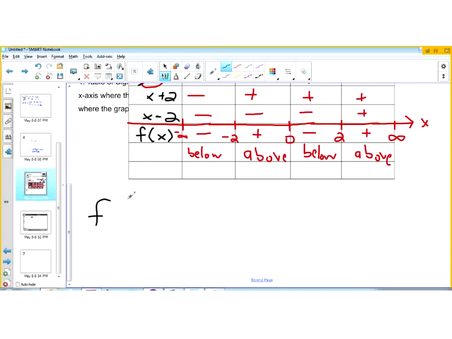So f of x, I apologize for the mistake, f of x has odd symmetry.